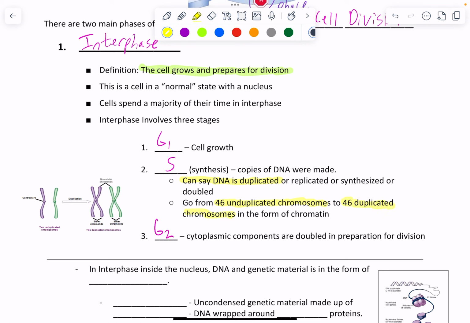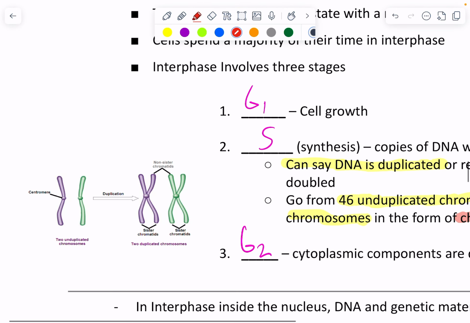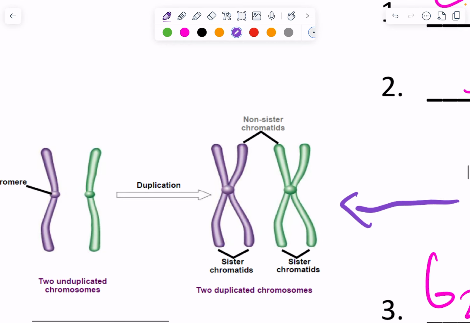And what we'll see here is that DNA and genetic material can be stored in a few different ways inside of a cell, depending on where it is in the cell cycle. For interphase, cells generally keep their DNA in the form of chromatin. We'll talk about that in a second. But just going back to this idea, unduplicated to duplicated, our chromosome number has not changed because they are attached to each other.